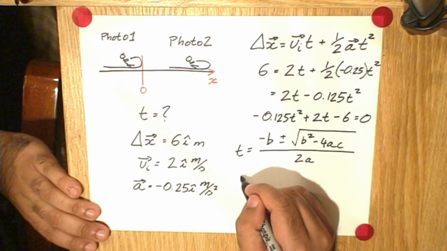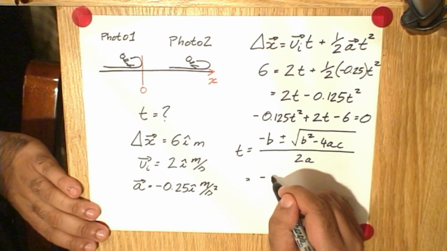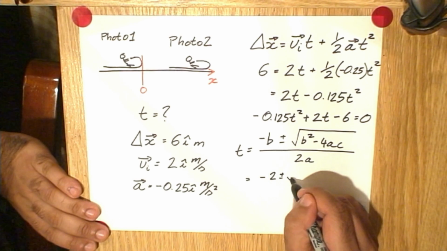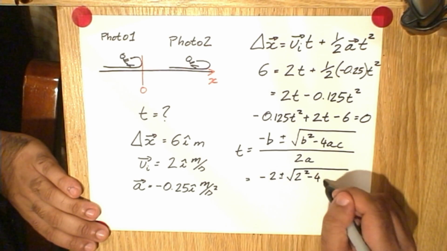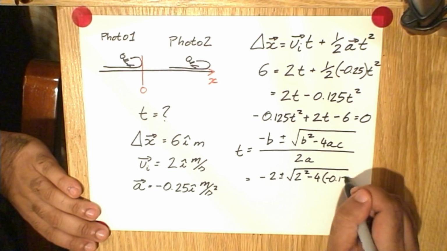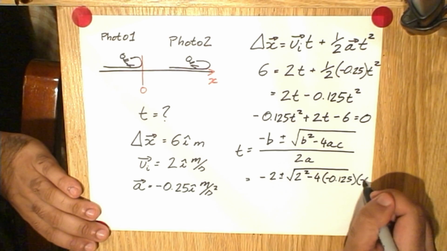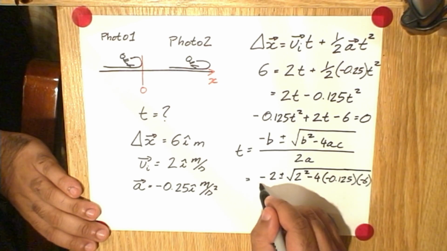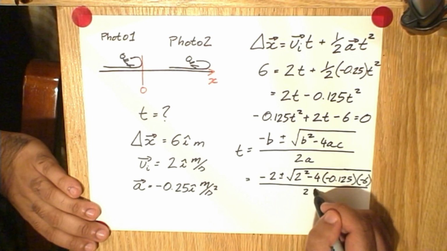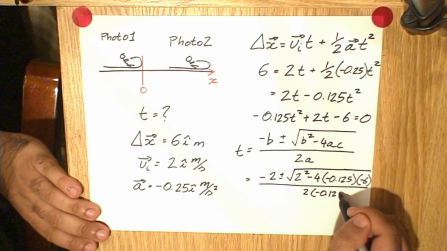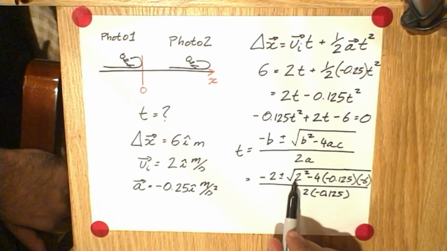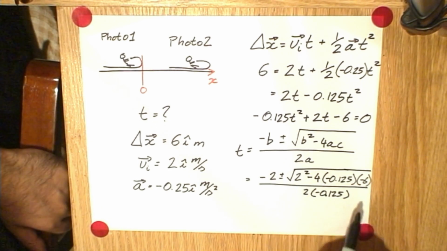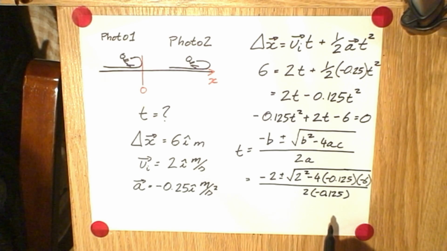Now let's plug in what we know. Negative b plus or minus square root of b squared minus 4ac, all divided by 2a. Now, this mess that we have over here has to be calculated, and a calculator might come in handy.